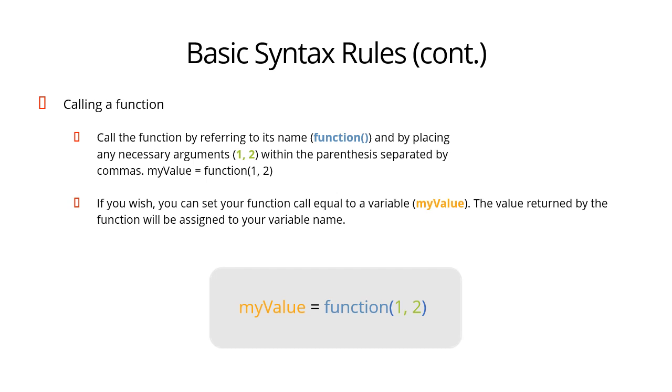If you wish, you can set this function equal to a variable, my value. So the value returned by the function will be assigned to your variable name. Meaning these values are passed in as the values I will use throughout when that function is called.